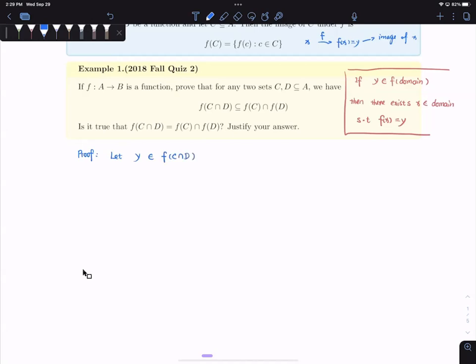Why do we use y, guys? Because this is the image, y is my boys, right? You cannot use x, the girls, in this. Okay, so y is in the image of this. What does this mean? If y is in the image, what does this mean?